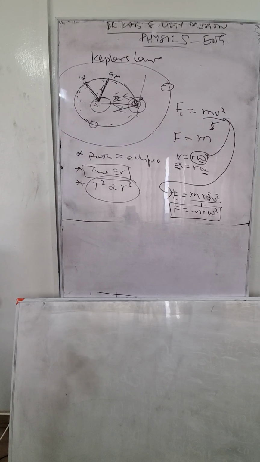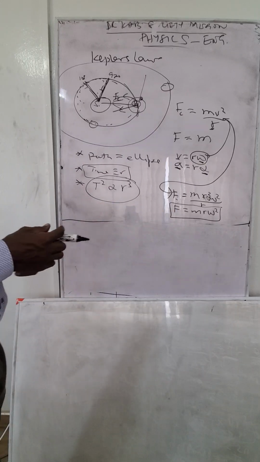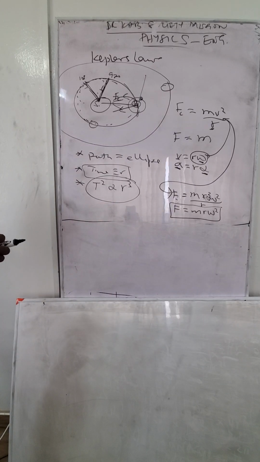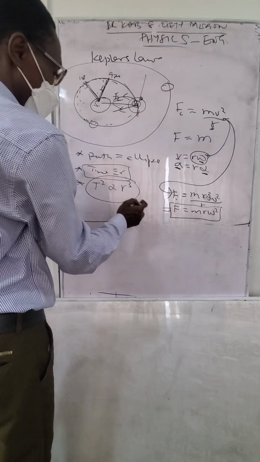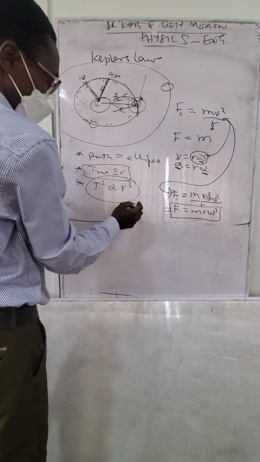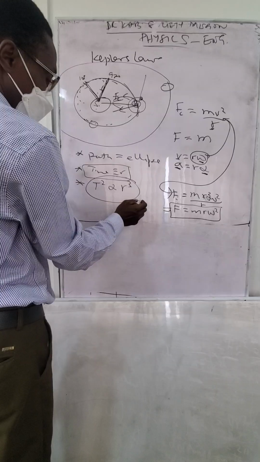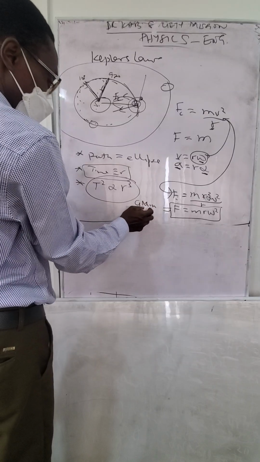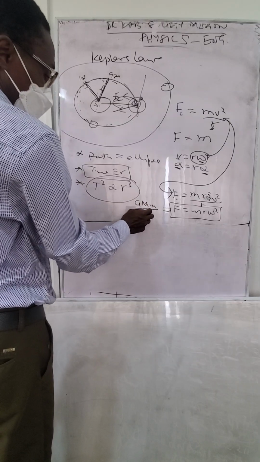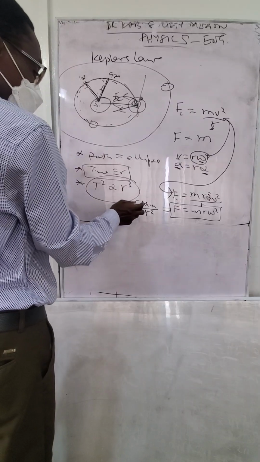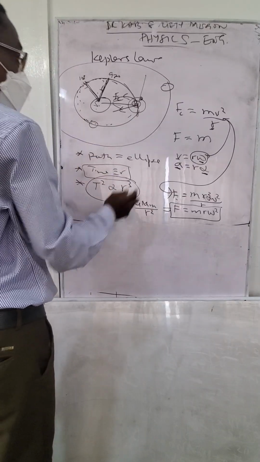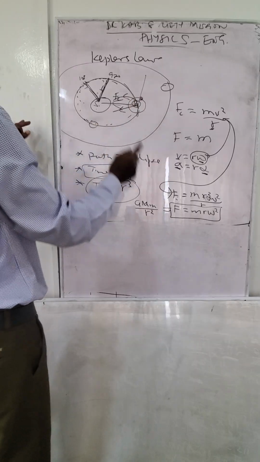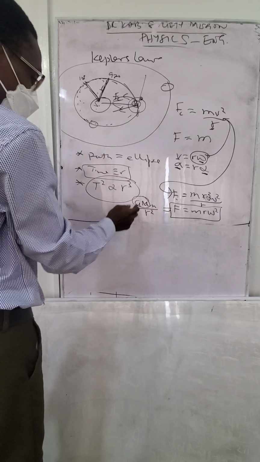Having arrived at this formula, let's see how we can relate this to the force. This force must also be equal to the force of attraction between the two bodies. We know the force of attraction between two bodies is given by G, capital M, small m, over r squared. Now the sun is a constant in all these relations we are looking at, so this is more or less a constant.